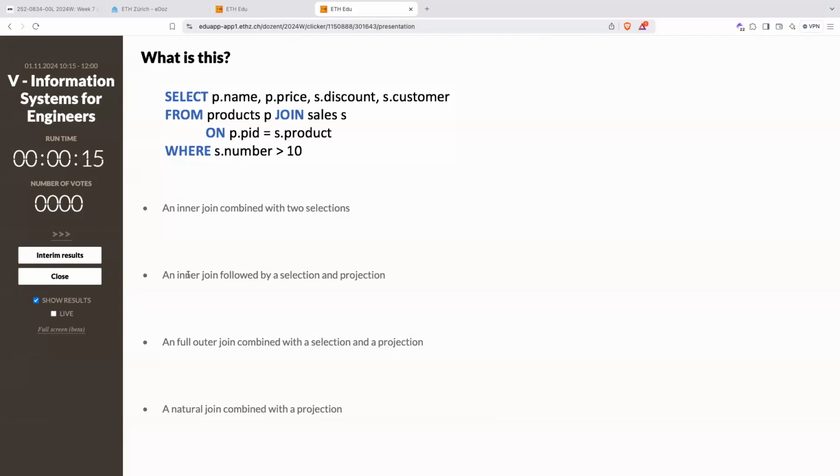Is it an inner join followed by a selection and projection? Is it a full outer join combined with a selection and a projection? Or is it a natural join combined with a projection? I'm basically asking you to interpret that query in terms of the relational algebra.